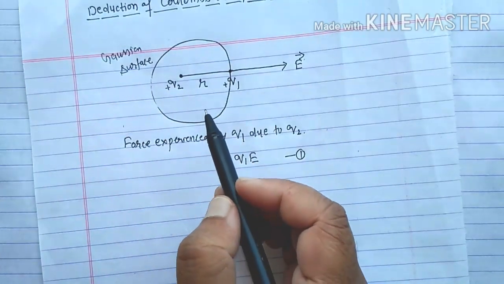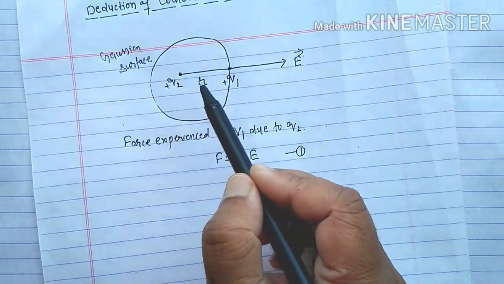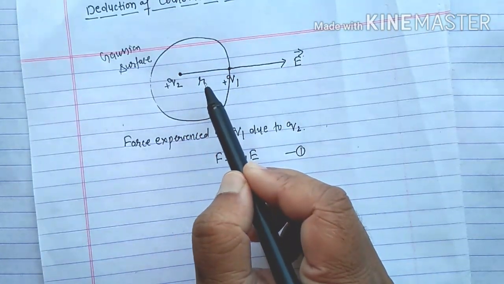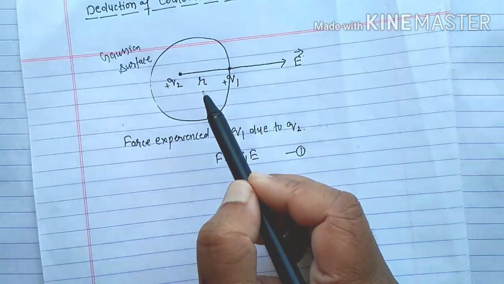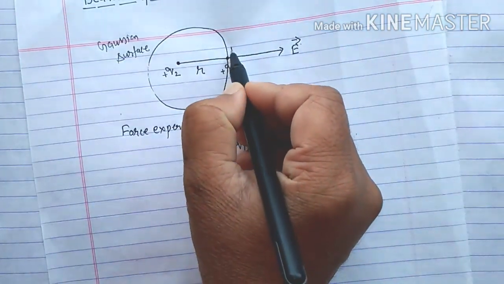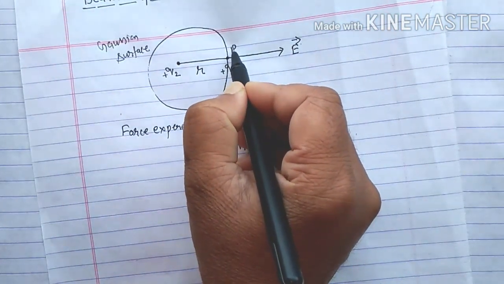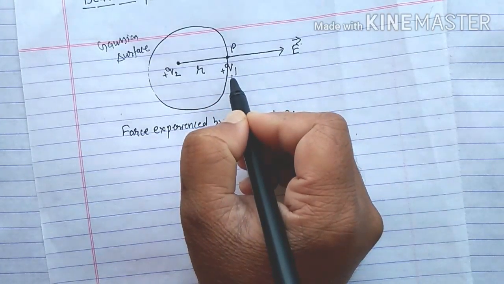The Gaussian surface passes through the point P. Let's consider this point is P, at which a charge Q1 is placed.